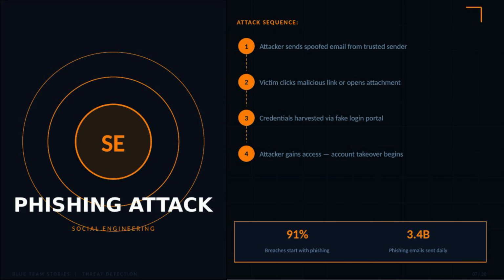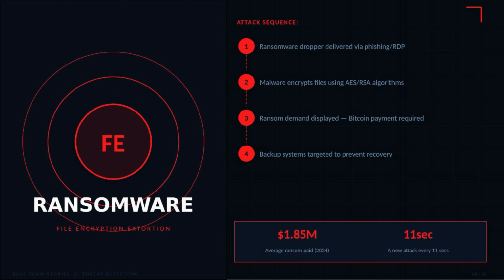Modern phishing attacks are extremely sophisticated and often imitate trusted companies, coworkers, or cloud services. Threat detection systems analyze suspicious email behavior, malicious links, unusual sender patterns, and fake domains to help identify phishing attempts before users become victims. Ransomware is one of the most destructive forms of cybercrime today.